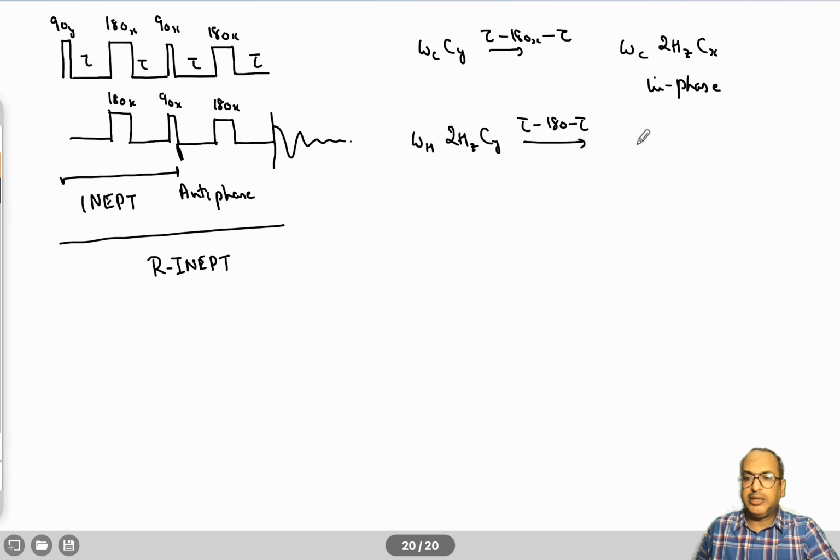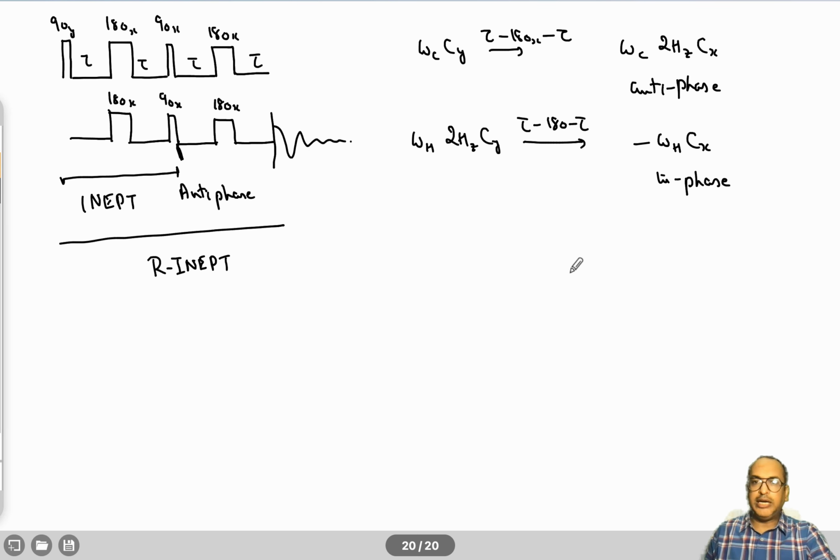So what I will get is minus omega h Cx, which is an in phase component. I had written antiphase here, in phase here, so this is antiphase.